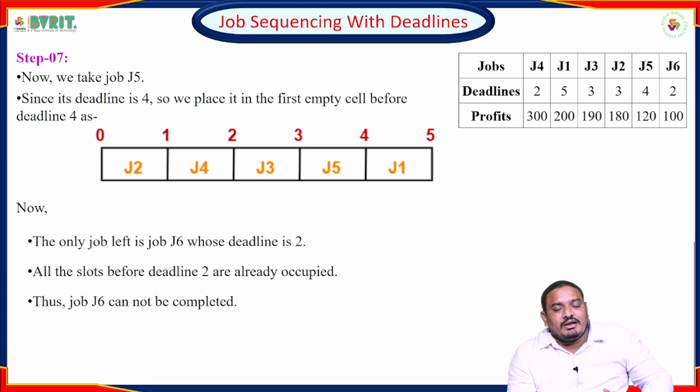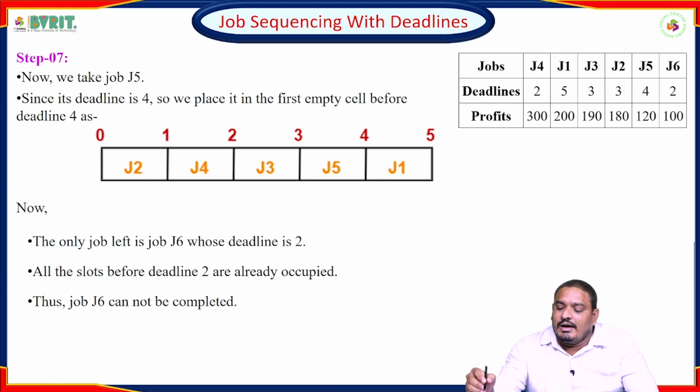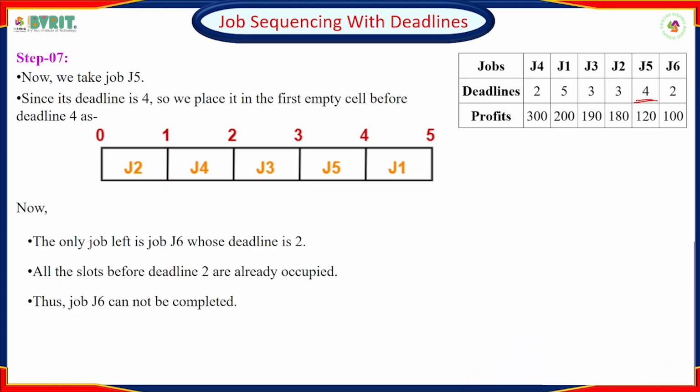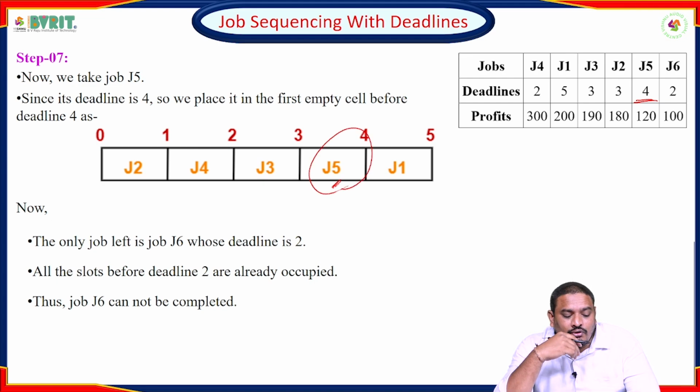Now, the next step, we can take J5. J5 with deadline 4. The slot is previously empty. The J5 job is executing in the time slot 4. So, we can place it in the first empty cell before deadline 4.